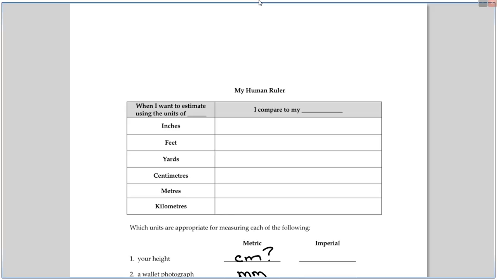So on your formula sheet, what you'll have here is a metric line at the top. Okay, and I'll give you some strategies for that in a bit. And then you have your metric to imperial conversions in this box here. So basically, we're going to start off the year with these two charts. On the most left of the chart, you'll see miles, yards, feet, and inches.